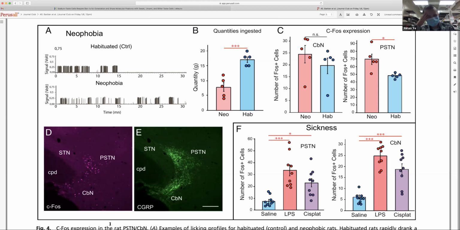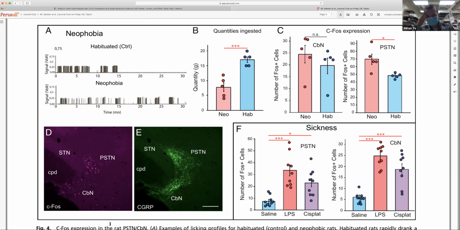I think in that sense, PSTN probably has populations that work for appetitive and also populations that work for aversive taste responses. Those should come in a slightly different circuit.